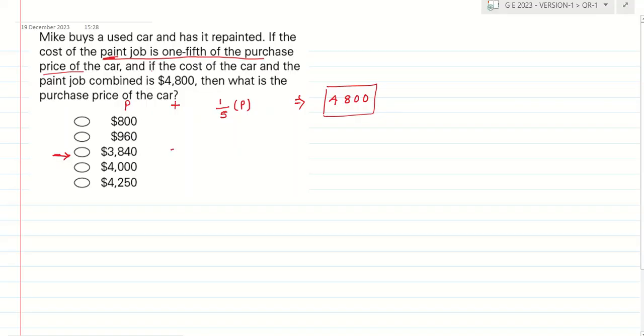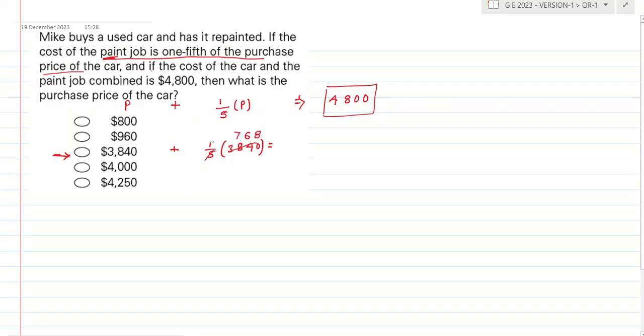So what should the painting be? 1/5 of 3,840. How much will I get? 5 sevens are 35, 5 sixes are 30, and 5 eights are 40.